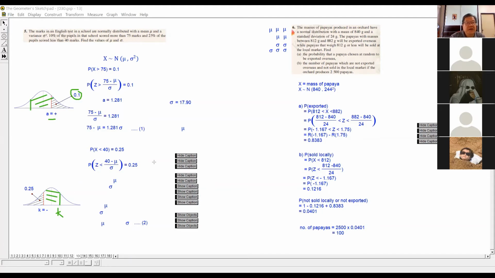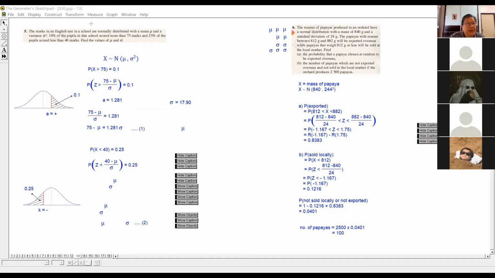Okay, so now we are going to look at the table for probability 0.25 and see what the z-score is. After you have found the z-score, you must bear in mind that the z-score is a negative number.